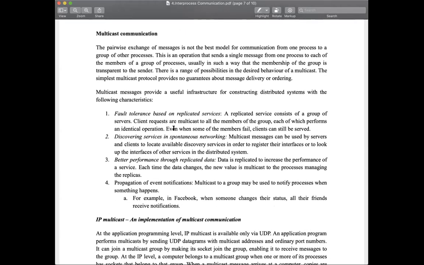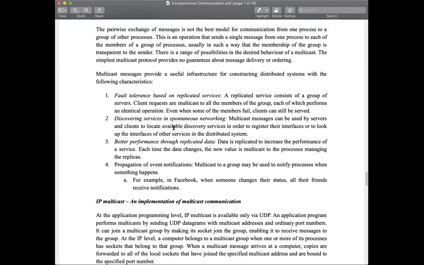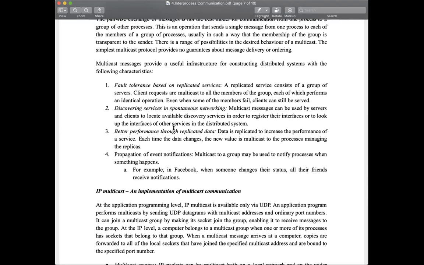So the multicast communication is kind of an infrastructure which is mainly referred to with the distributed system setup, right? So here we have 4 things, right? For characteristics. First one is fault tolerance based on replicated services, right?